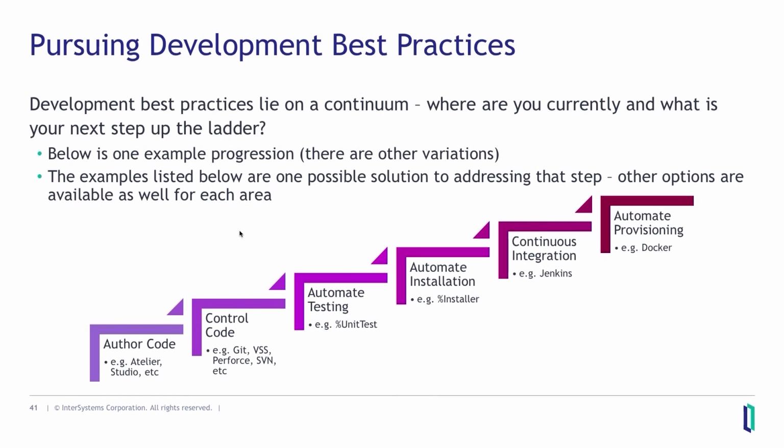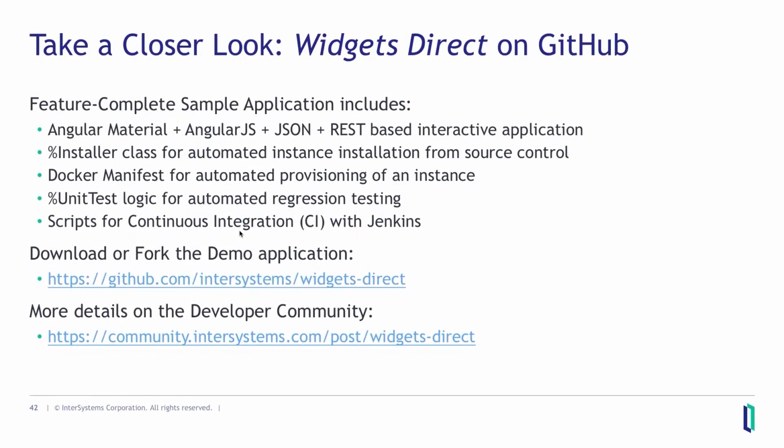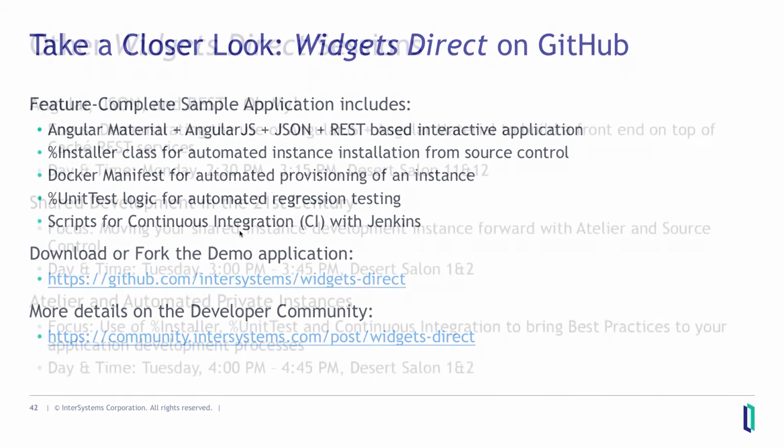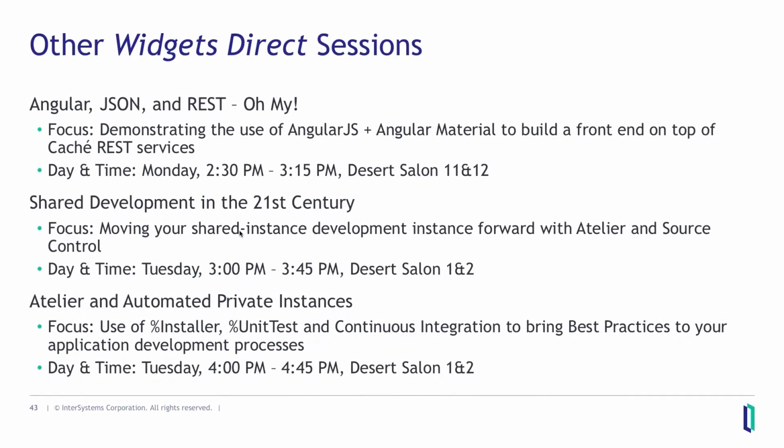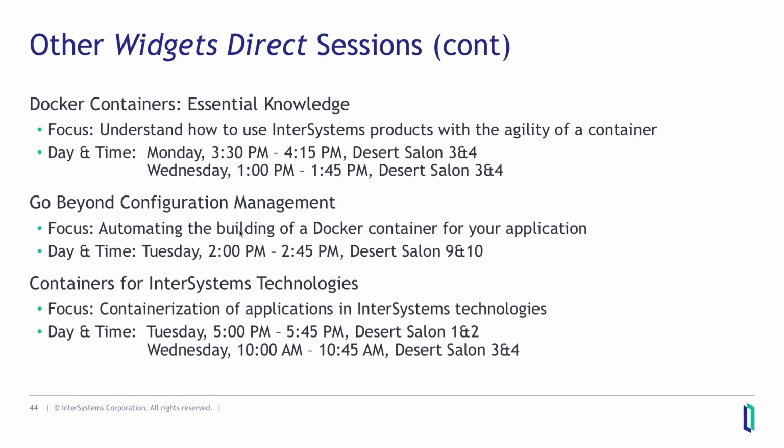And of course, when you get to the phase of automated provisioning, you are at the top level of the scale. You can also take a closer look at Widget Direct on GitHub, which is available from now, and some other Widget Direct sessions, which are still available this week, tomorrow and this afternoon.